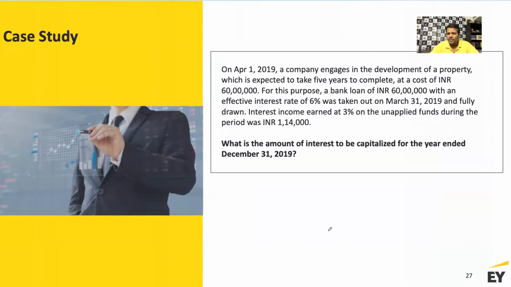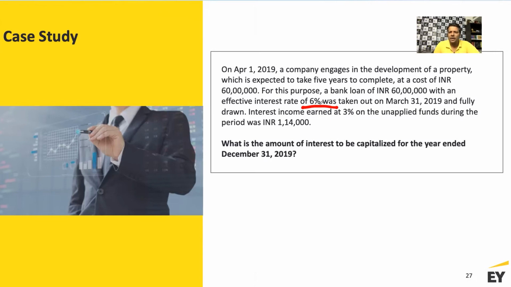For this purpose, a specific borrowing, a bank loan of INR 60 lakh with an effective interest rate of 6%, was taken on March 31st, 2019 and fully drawn on the same date. I've taken the full money.